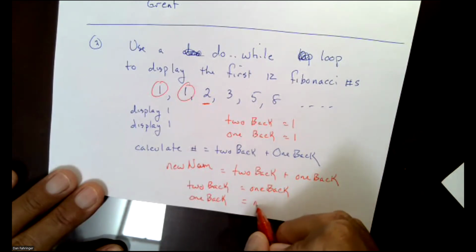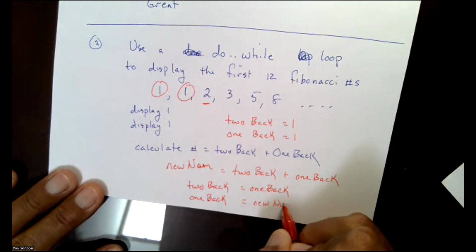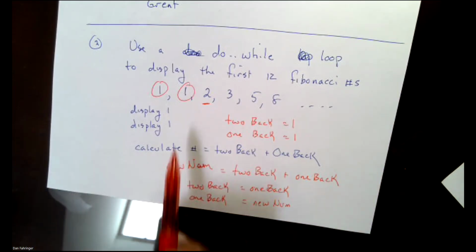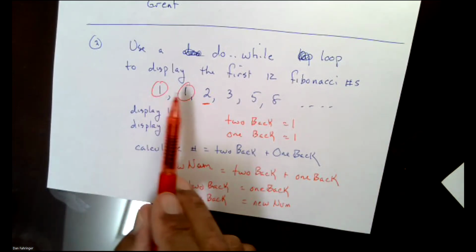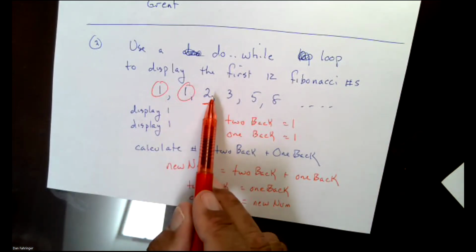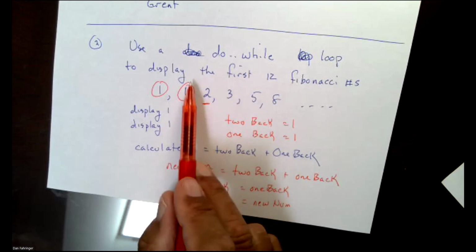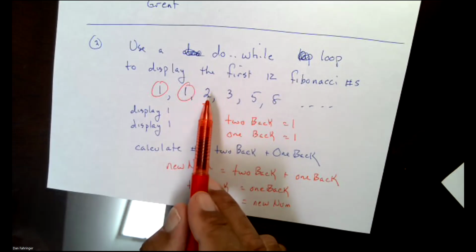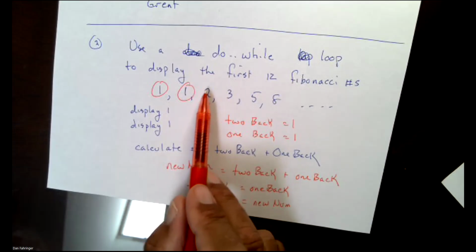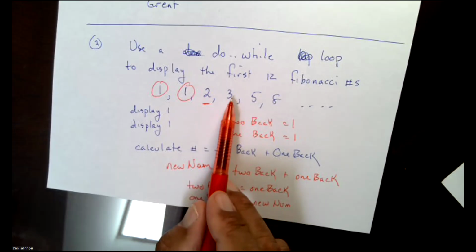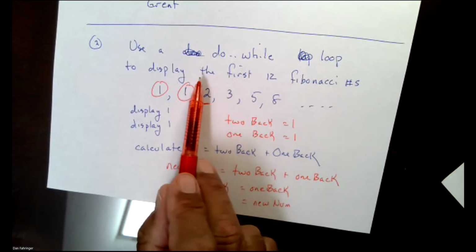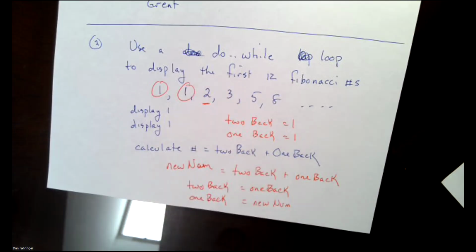Yeah, that's going to have to be that new number. 2 back, 1 back, new number. To get ready, this now needs to become 2 back, and it was 1 back. This now needs to become 1 back. It was new number. Now I can calculate my new number by adding 2 back and 1 back.